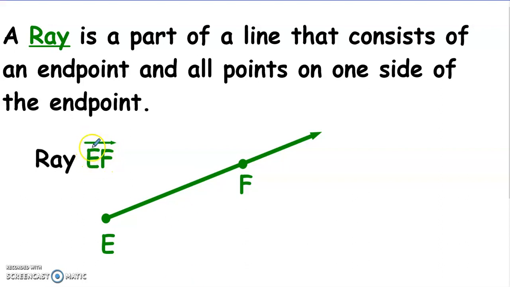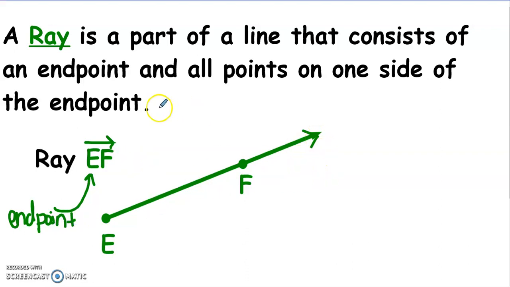Notice it looks like a ray. The notation for it looks like a ray. The endpoint has to be the first letter. Okay? So it has an endpoint of E and it extends on forever towards F.